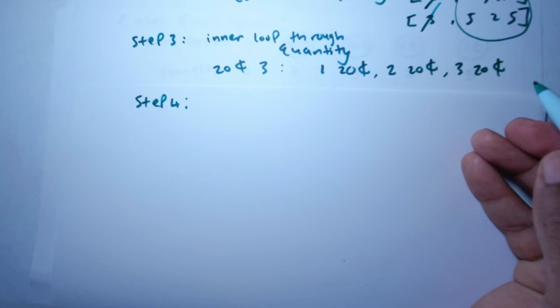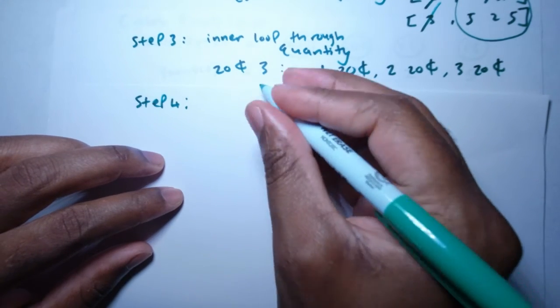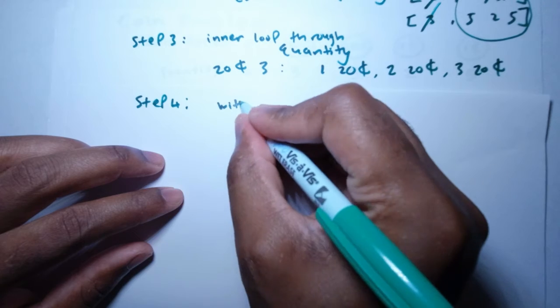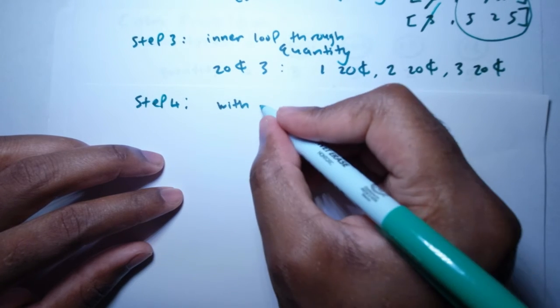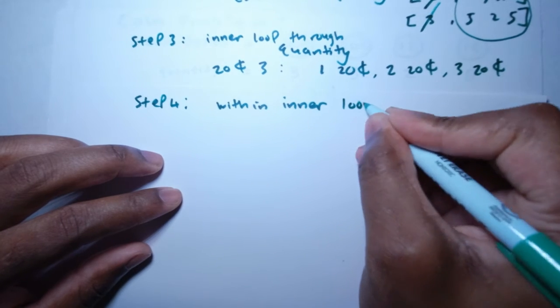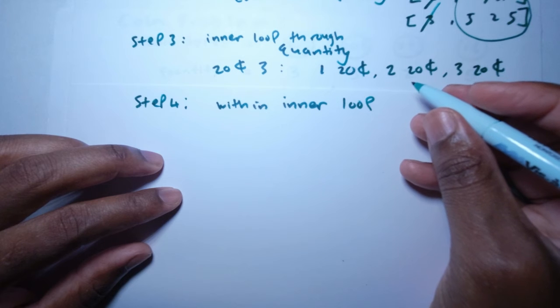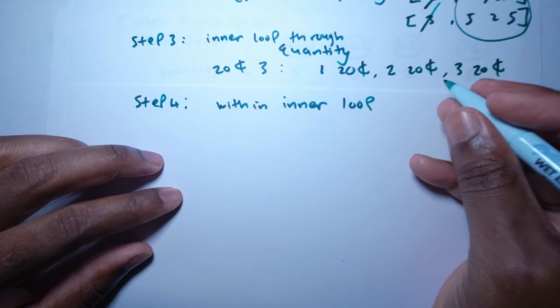Step 4 is where we have the magic happening. This is actually happening within the inner loop. Within the inner loop, we want to do recursion to test for other coins.